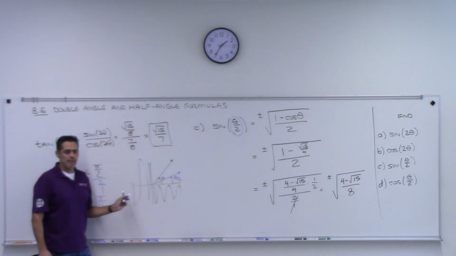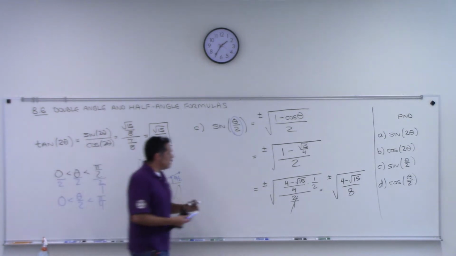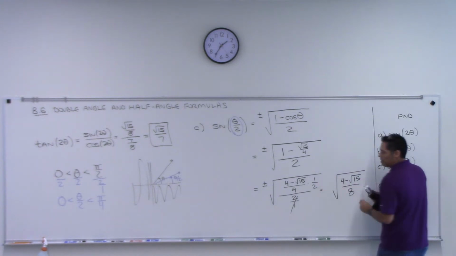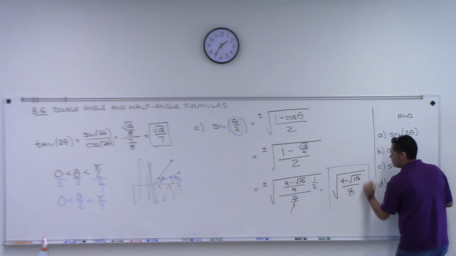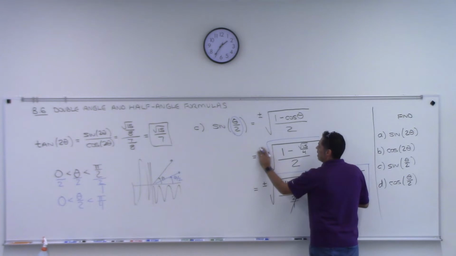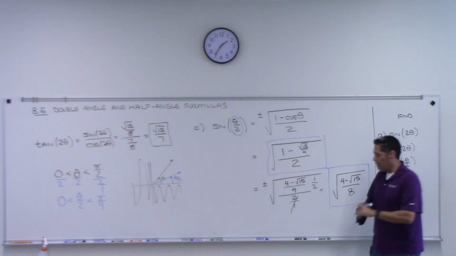So I'm going to get rid of the negative and just say plus here. I don't need the minus, or I don't have to write anything. This would be my answer, or you could write this answer. Just take that out, and that's because we're still in the first quadrant.